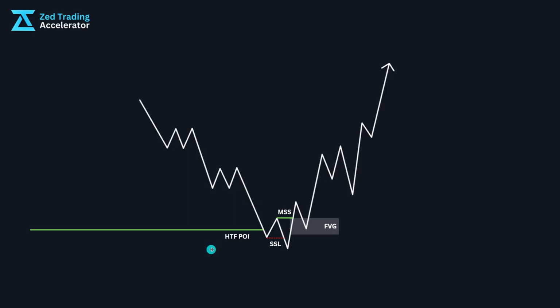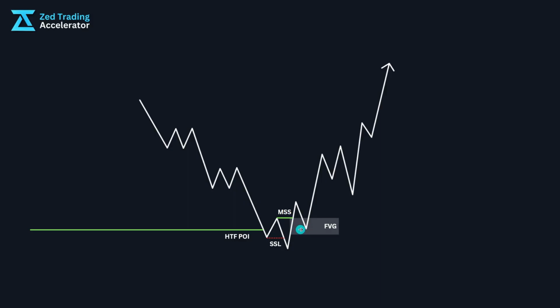After reaching a higher time frame point of interest, you should go into a lower time frame. At the lower time frame, you will see a sell side liquidity sweep right here, and after that, the market should shift higher. We have our market structure shift right here in this fair value gap.